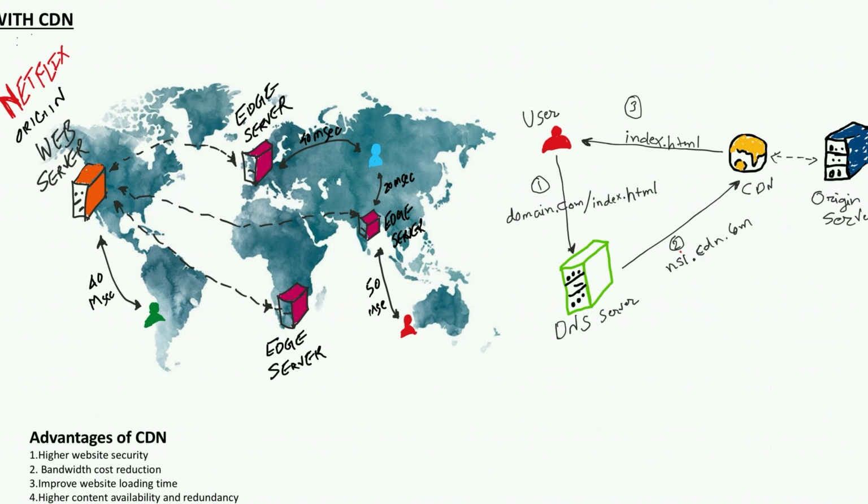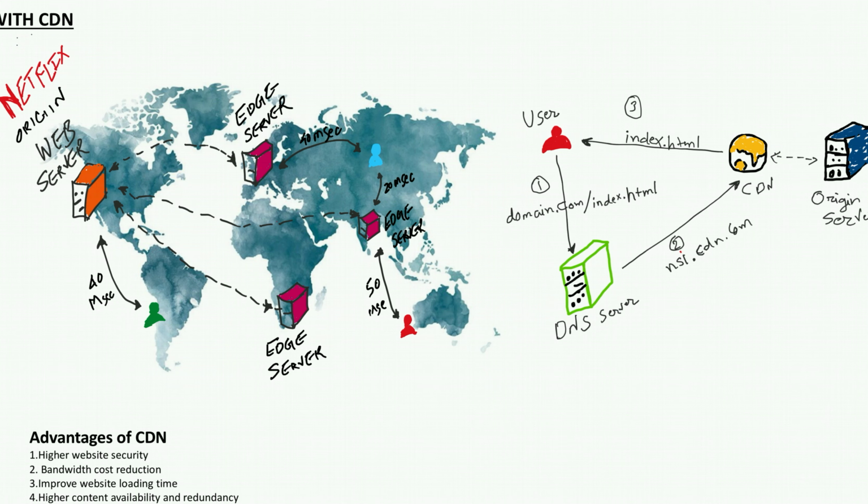So, bandwidth consumption cost for website hosting is a primary expense for any website. Through caching and other optimizations, CDNs are able to reduce the amount of data an origin server must provide, thus reducing the hosting cost for website owners.